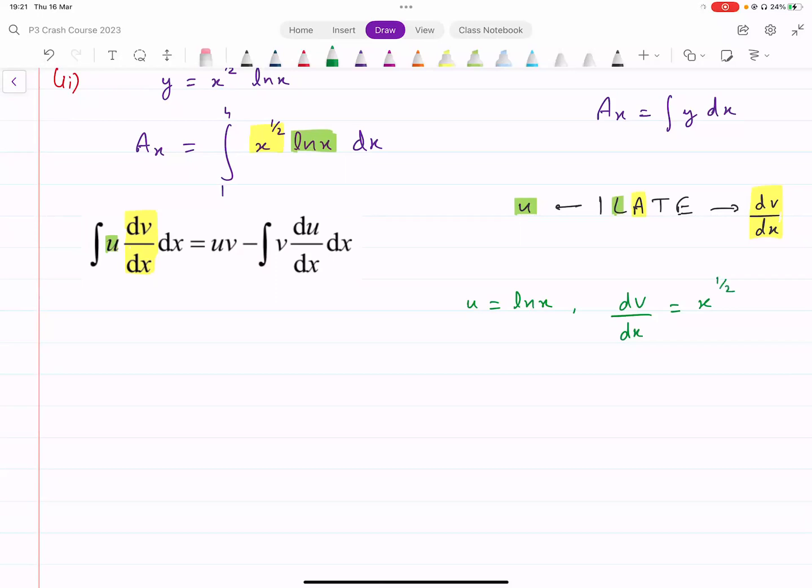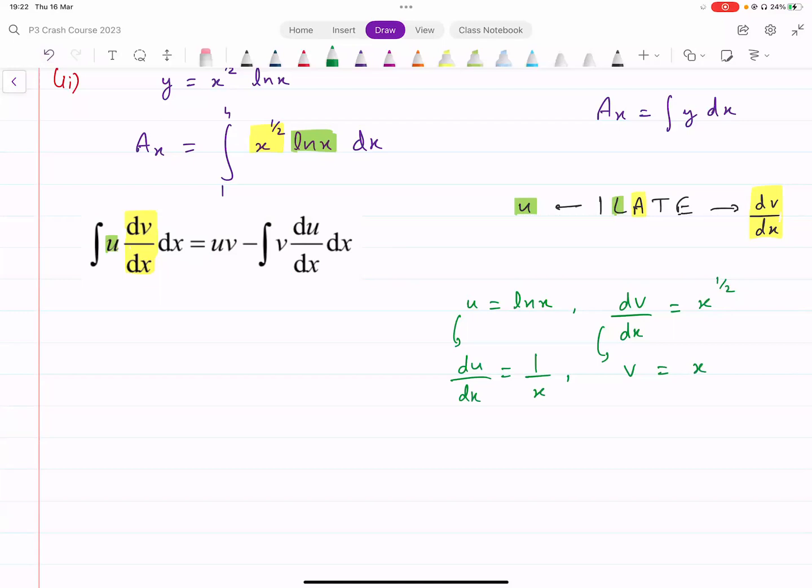All right. Now, what do we need to evaluate to be able to use this formula? We need du over dx and v. So we differentiate u to get du over dx. What does that give us? Derivative of ln x is 1 over x. We integrate dv over dx to give us v. What's the integral of this thing? It's a simple power function, a linear expression raised to power something.